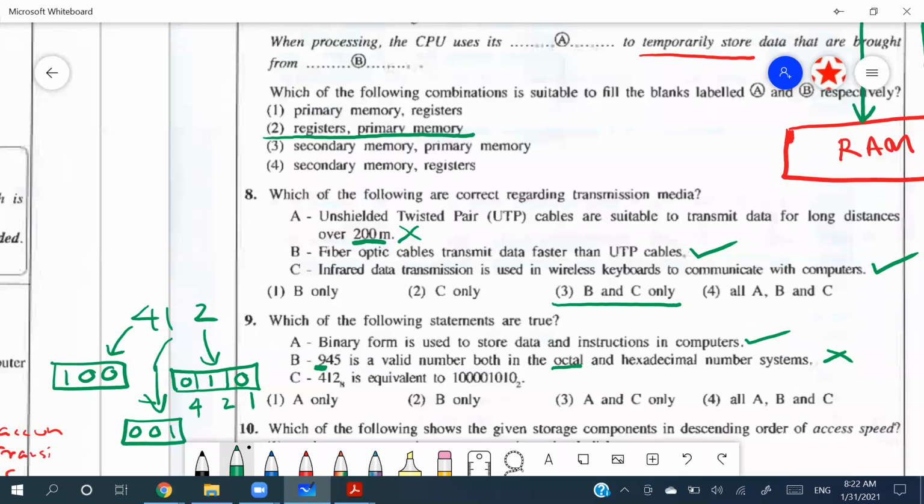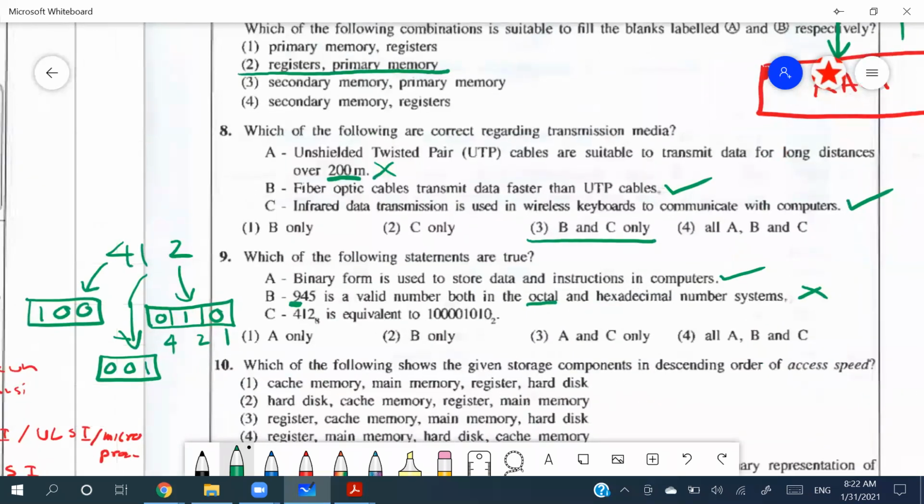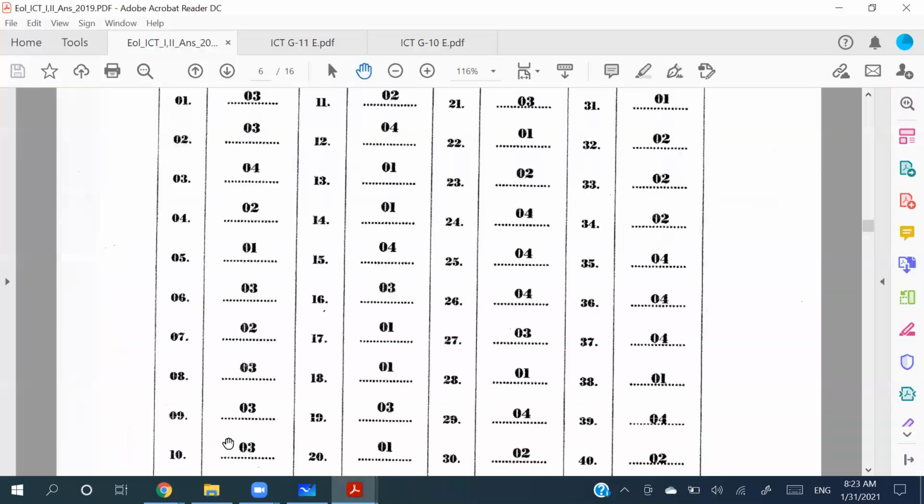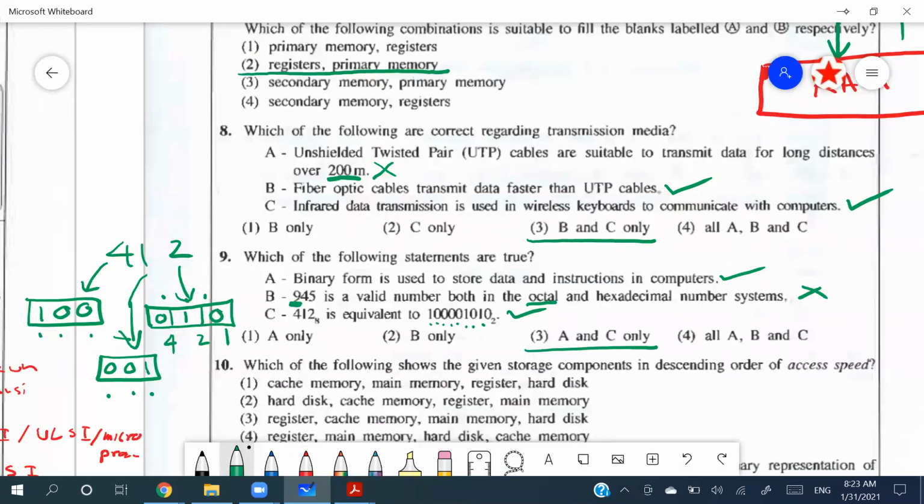So the number is going to be 100, 001, 010, which is correct. So the answer is going to be A and C only. Right? So for the 9th one, it is the 3rd one as the answer.